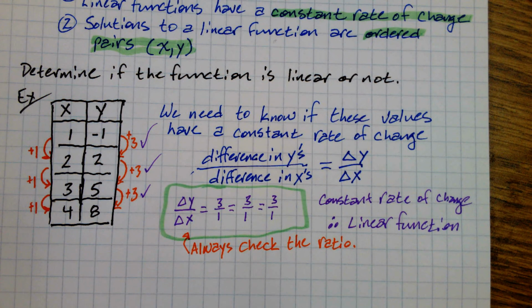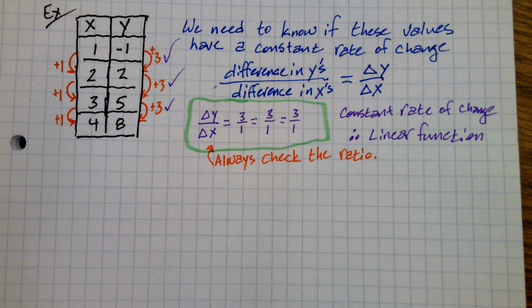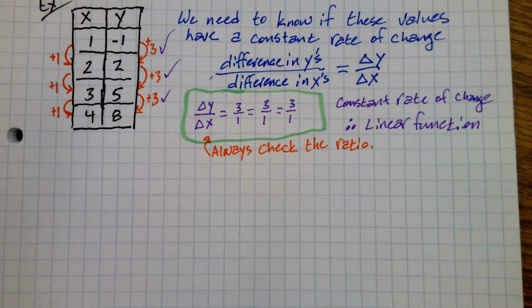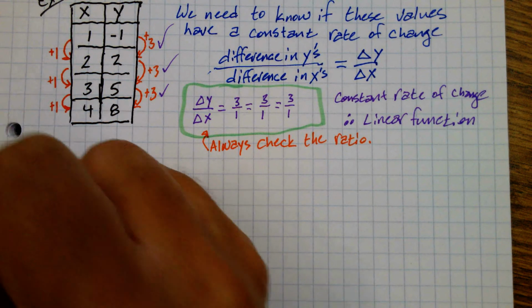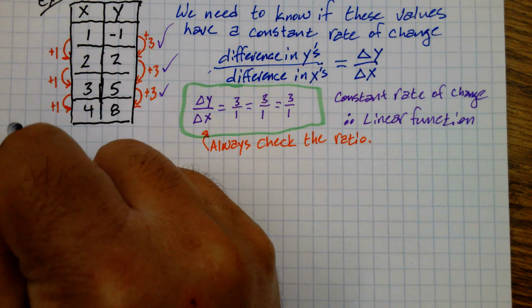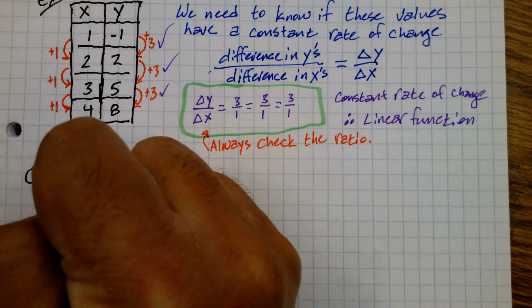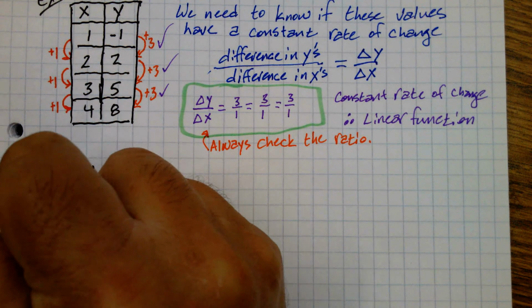Any questions? All right, so let's do a couple and we'll practice this. So I'm going to give you another table. Number 1. Let's do this one. X and y.